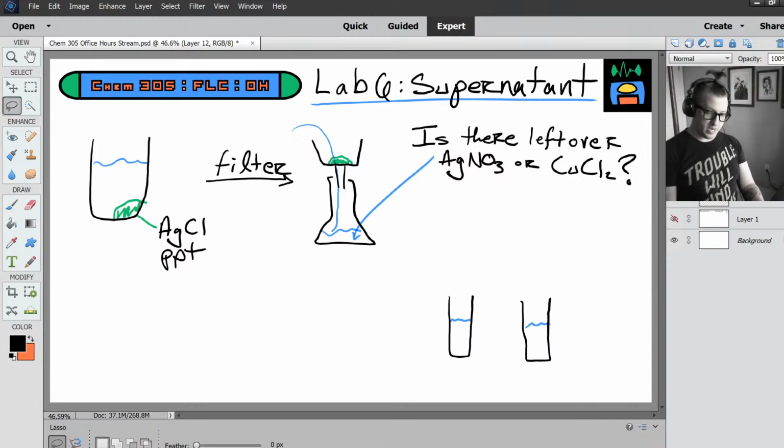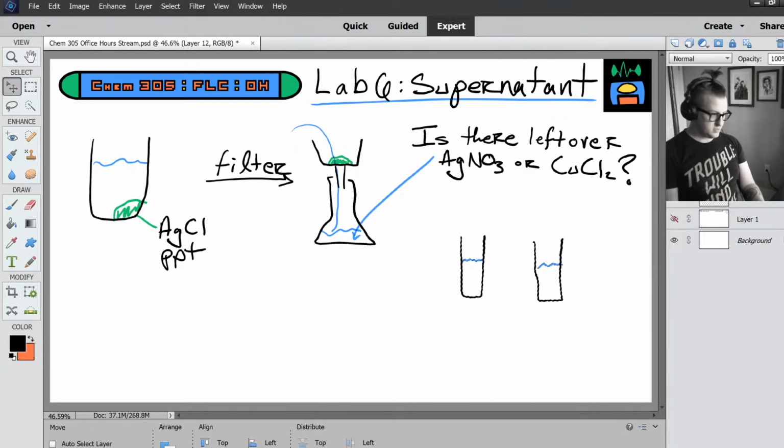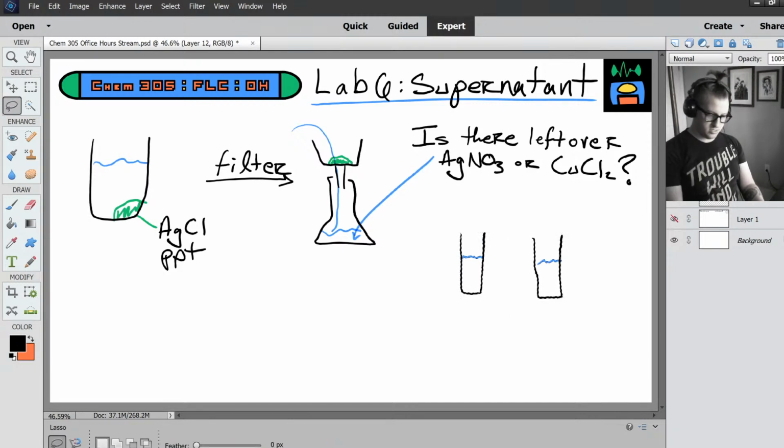And here's one way to answer that question. You put your filtrate in 2 test tubes. All right. And to one of them we're going to add silver nitrate.